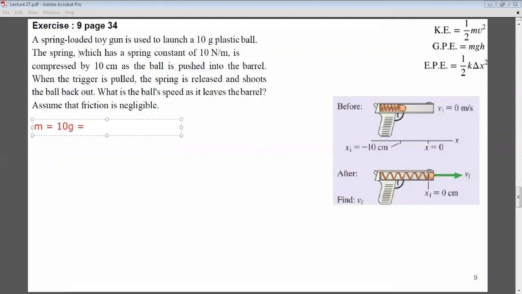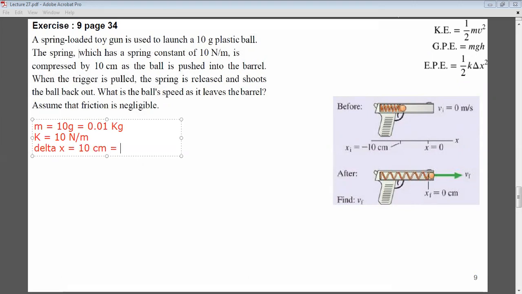Perhaps it's better to change it directly to kilograms because grams is not a proper unit that we use here. The spring, which has a spring constant of 10 Newton per meter, so this is k, is compressed by a delta x equal 10 centimeter.